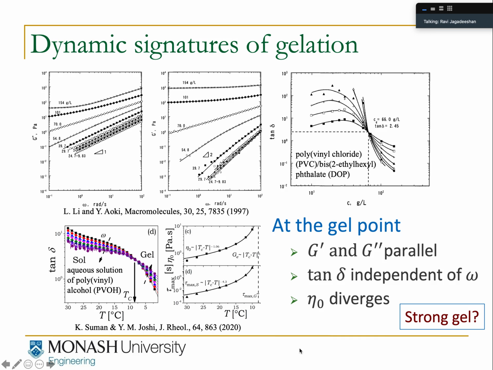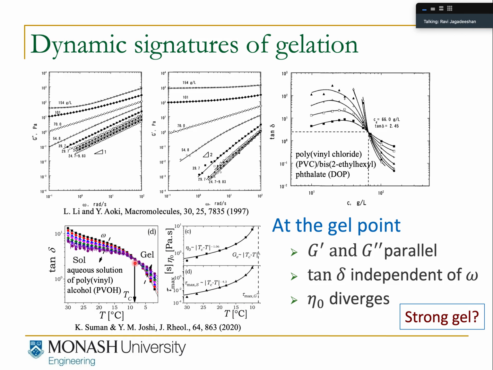And as illustrated here in these very nice experiments by Lee and Aoki, it shows you G prime and G double prime becoming almost parallel to each other, and at that particular concentration, the gelation concentration, tan delta becomes independent of frequency, as shown here. And in fact, in some beautiful experiments done by Suman and Joshi, they observe a similar independence of frequency of tan delta as a function of temperature, which allows them to identify the critical gelation temperature.